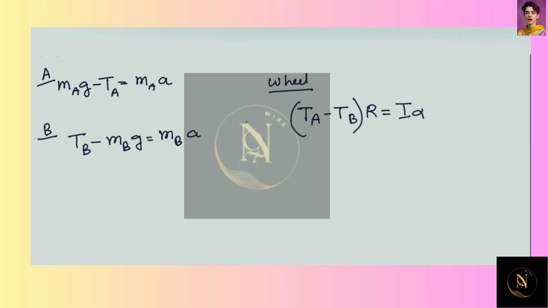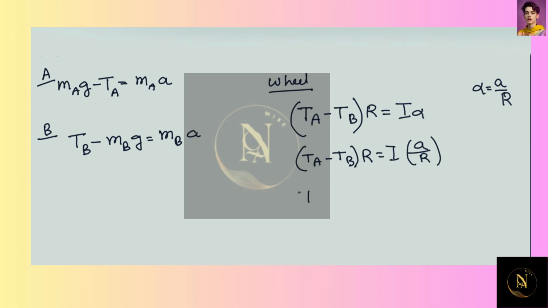And since this is a problem of rolling without slipping, we can consider alpha equals a over R, where R is the radius of the wheel. So we can substitute that over here, and if we do so, we have TA minus TB times R equals I times a over R.